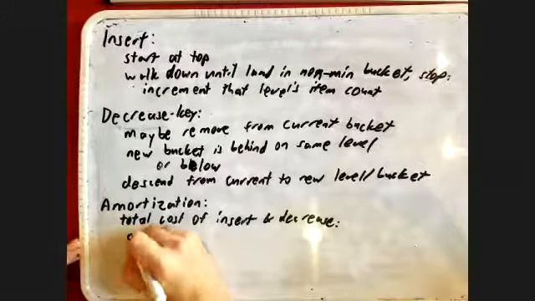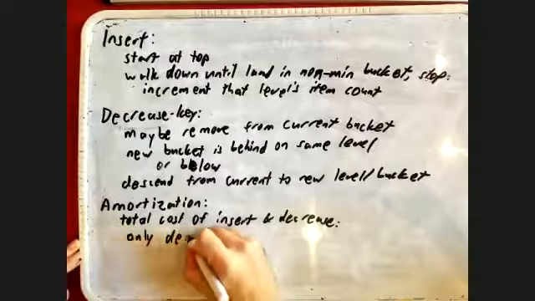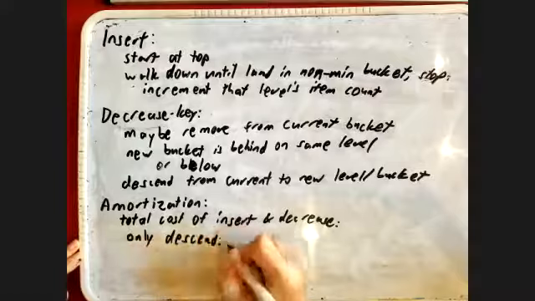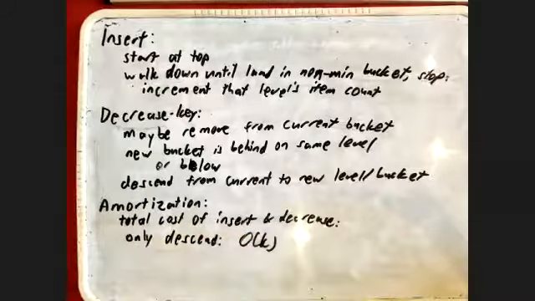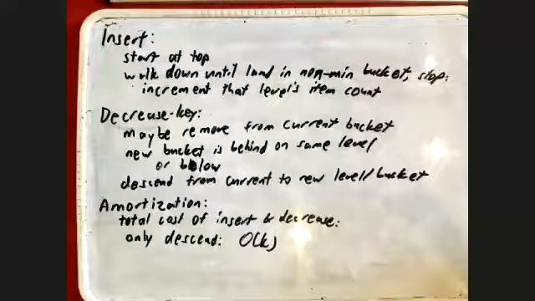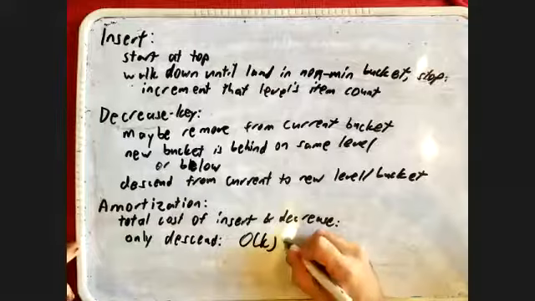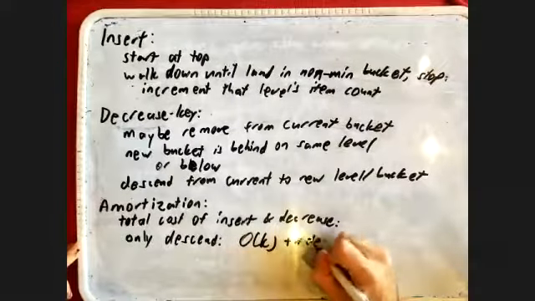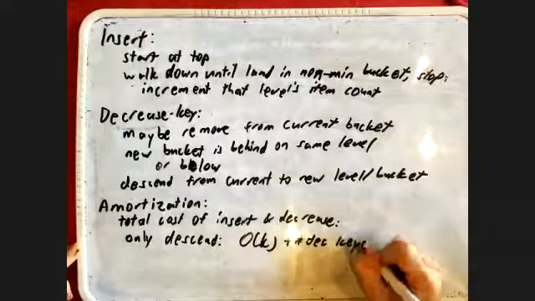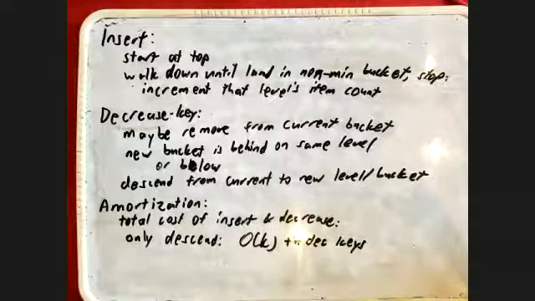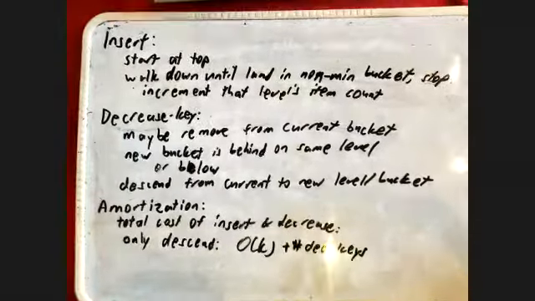We only ever descend, as I just explained, which means that the overall cost is order k, no matter how many decrease keys are involved. I guess plus the number of decrease keys, because each one of those takes constant time. But the overhead work is only order k.